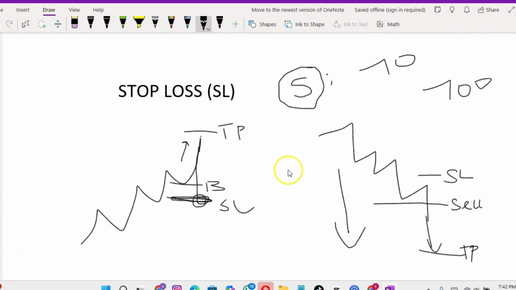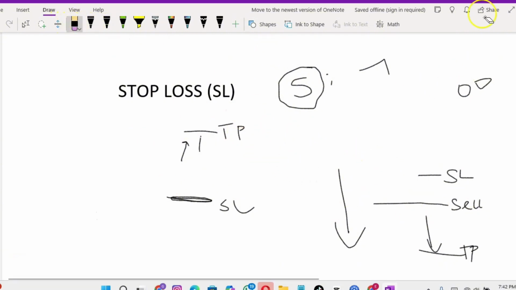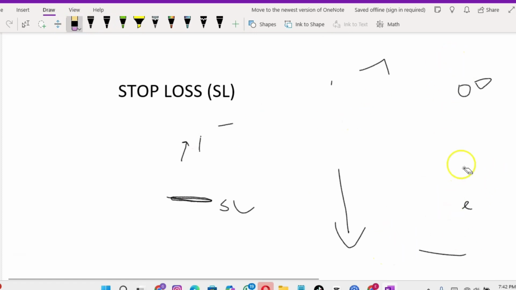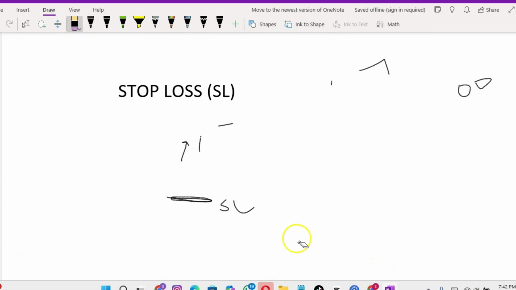And if you place a trade to sell a particular currency, let's say the market is doing something like this, and you place a trade to sell here. Now, selling, you're anticipating that this price will go down, right?